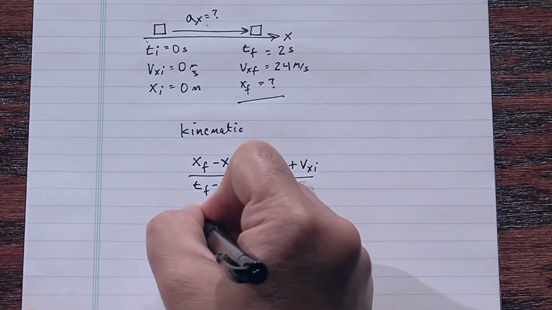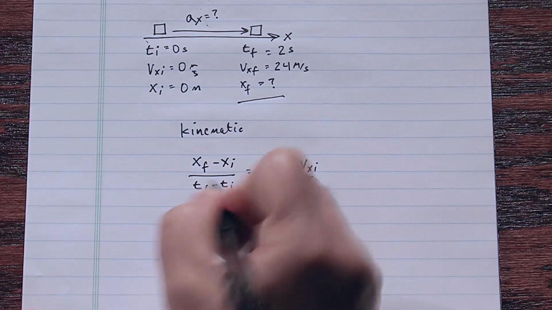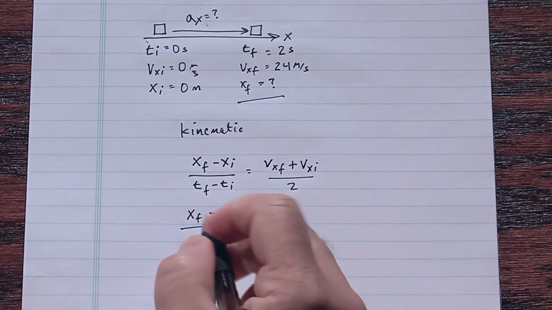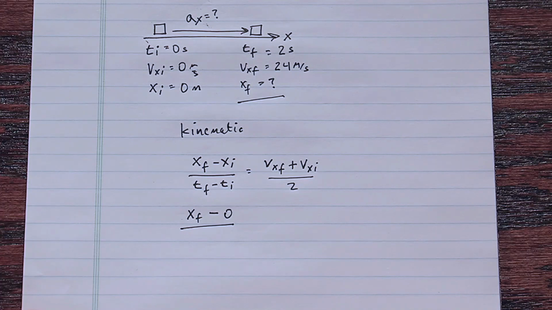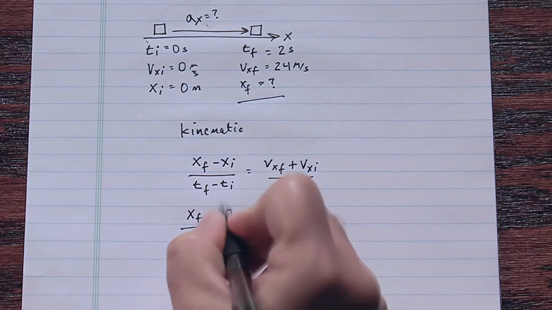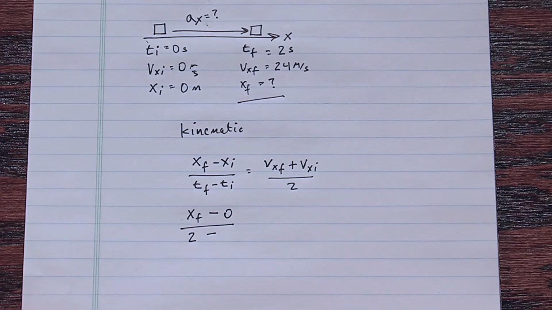x final, we don't know. We do know x initial is 0. Divide by the change in time, t final is 2 seconds, minus t initial, which is 0.